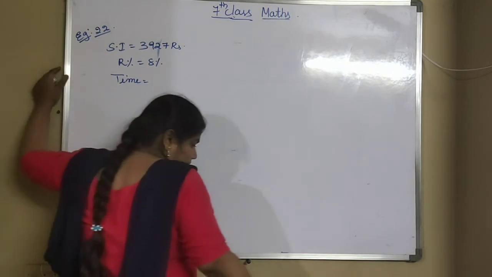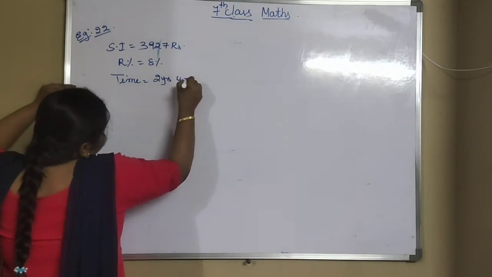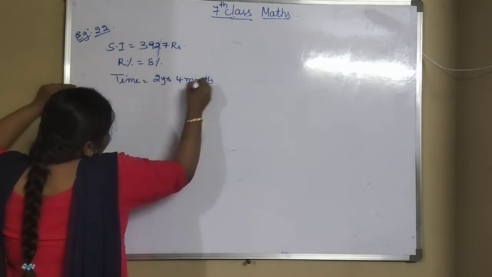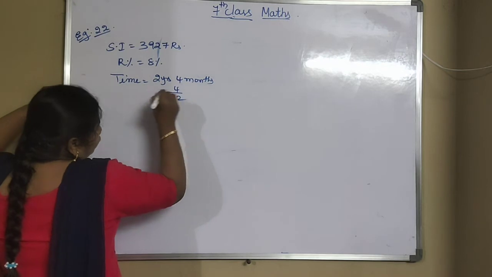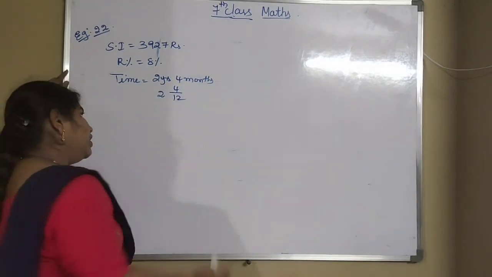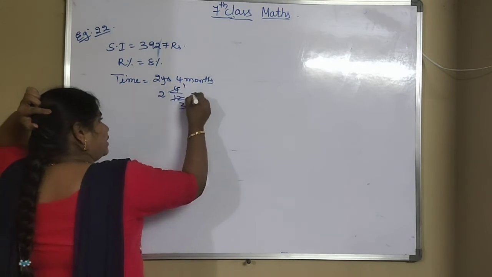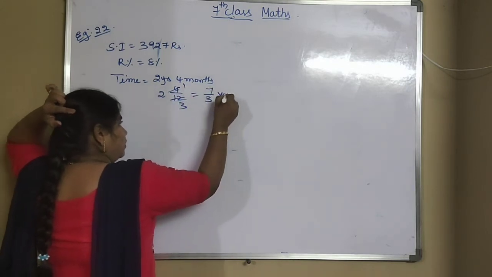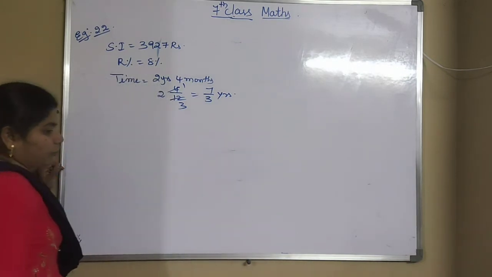Time they have given as 2 years 4 months. So 2 years I am writing as it is. 4 months can be written in the form of 4 by 12. 4 ones are 4, 4 threes are 12, 4 twos are 8... that is 7 by 3 years.